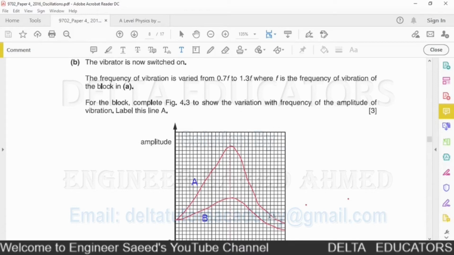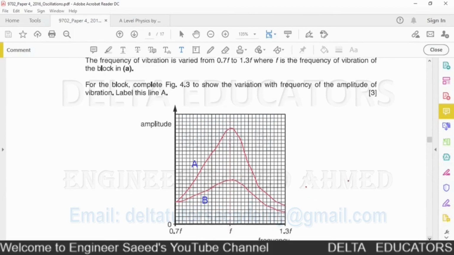So at natural frequency, it will have maximum amplitude, and when the driving frequency is less than natural frequency or more than natural frequency, its amplitude will be decreased. So this curve we have to show is labeled by alphabet A.